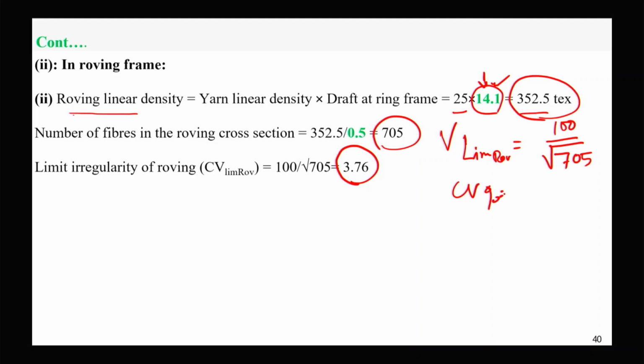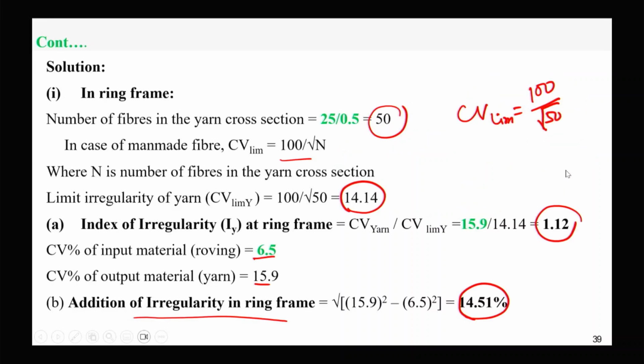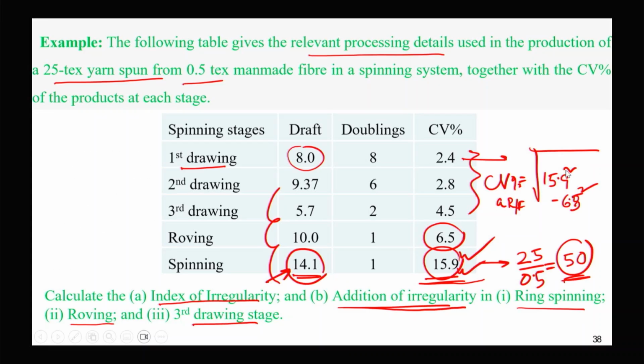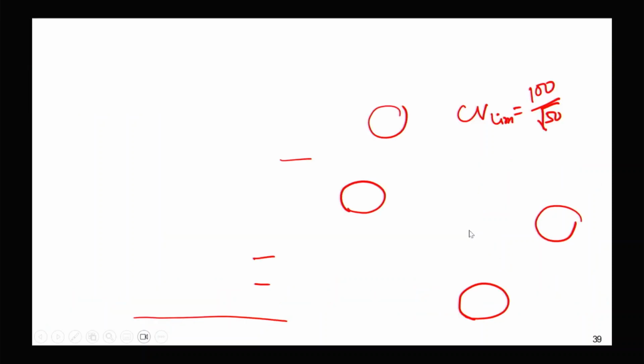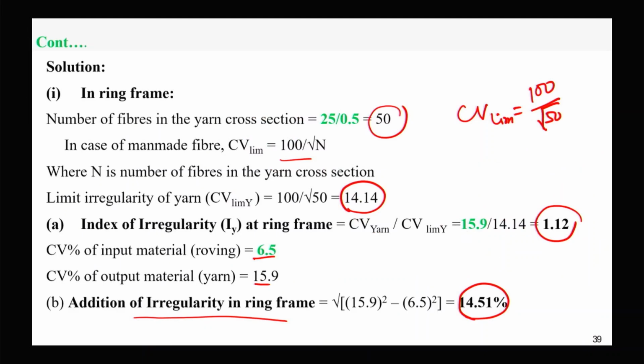CV percentage of roving is 6.5 was given. So the ratio will be the index of irregularity of roving. So CV percent we can refer to the earlier table. So this is 6.5%. Okay.